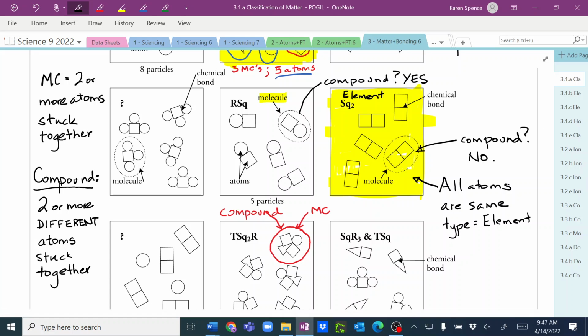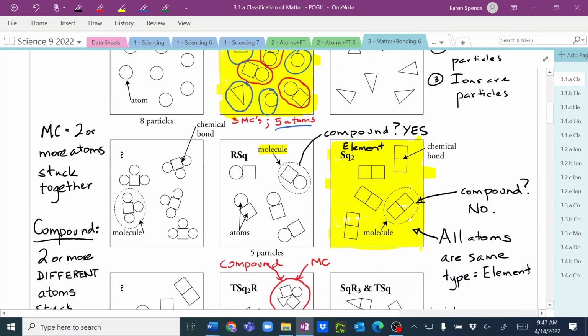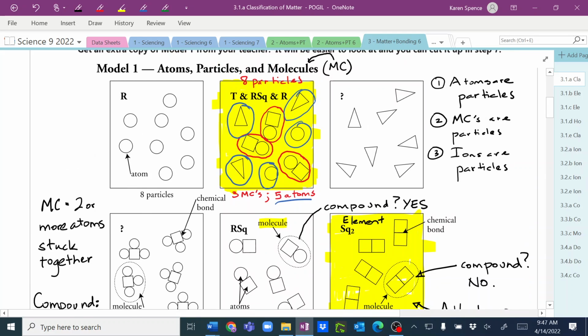Can you find any other elements? Can you find an element that isn't just one atom? So again, this one up here, the R, that is an element, but they're just circles on their own. And this one over here, what would be the symbol for the one that I'm highlighting now?